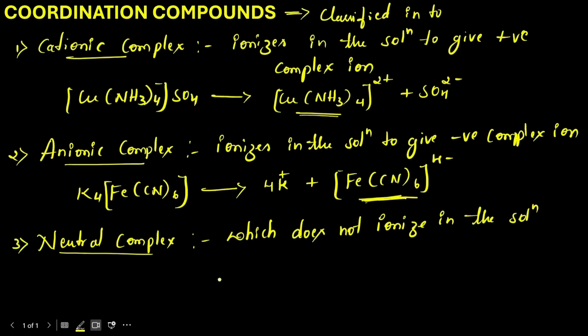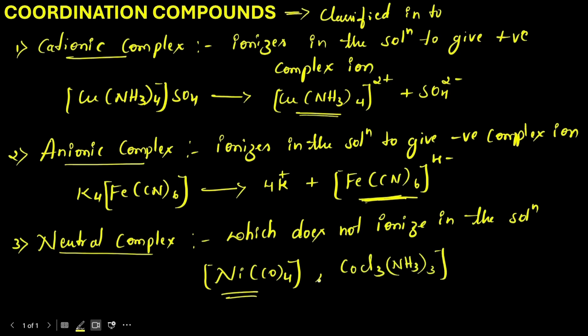We will take an example. Nickel tetracarbonyl is a coordination compound which does not ionize in solution, therefore it does not have any charge, so it is a neutral complex. The next example is [Co(Cl)3(NH3)3]. This is also an example of a neutral complex because it does not ionize in solution.